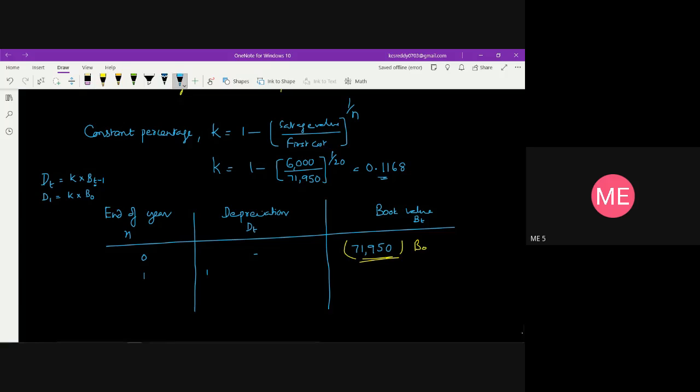Now we calculate dt, that is k into B naught, where k we know is 0.1168, at the end of the first year. So the required percentage is 11.68.